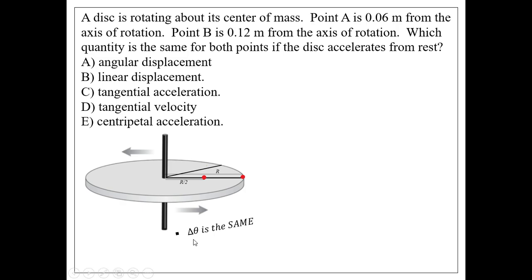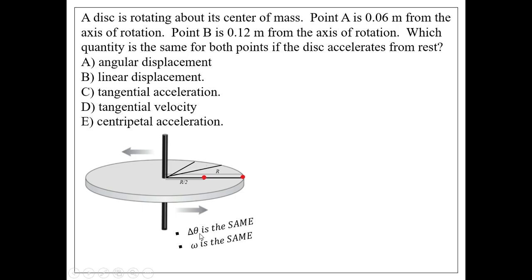So this is a fact. I put here change in theta is the same because they both trace out the same number of degrees, which can be converted to radians. The next thing you need to know is that because the disk moves as a whole, as one unit, the angular speed or angular velocity of all these points must be the same, because omega is theta over time.